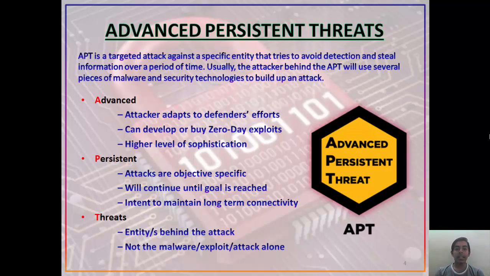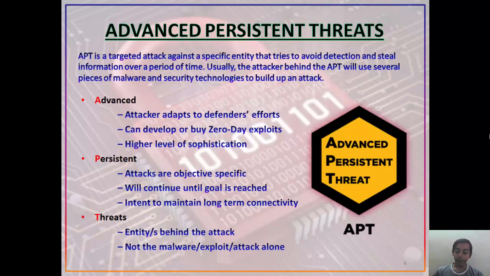APT attacks are limited to a specific target or a specific entity, and the intent is to maintain long-term connectivity, not to just exploit or damage the computer and log off immediately without being recognized. An APT attack is basically to stay in the compromised computer systems for as long as possible.